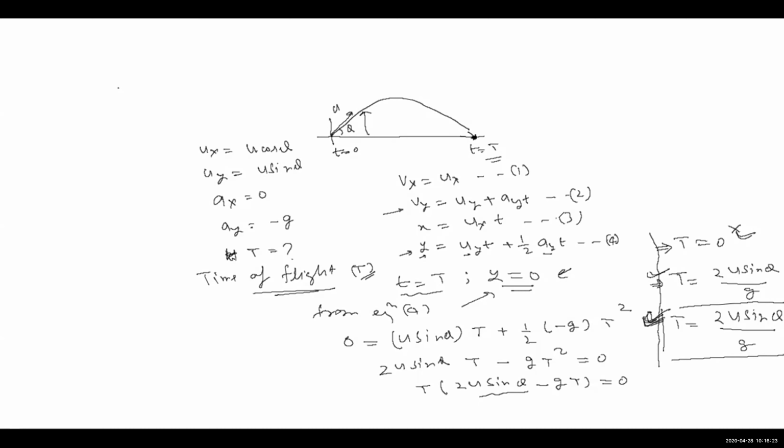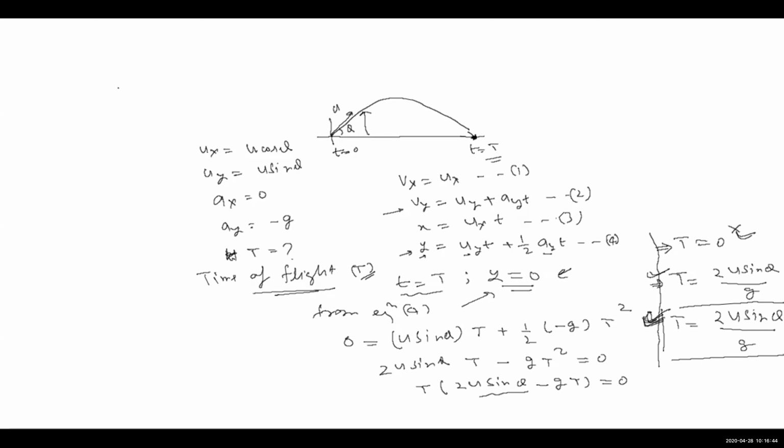The condition will be, we have to calculate Vy at t equals capital T. So in place of time, you will put the time of flight in equation 2 and you will calculate Vy. Good. So u sine theta minus gt. Put the value, solve it now. But put the value for T.